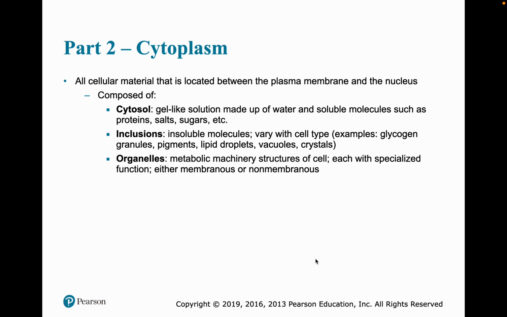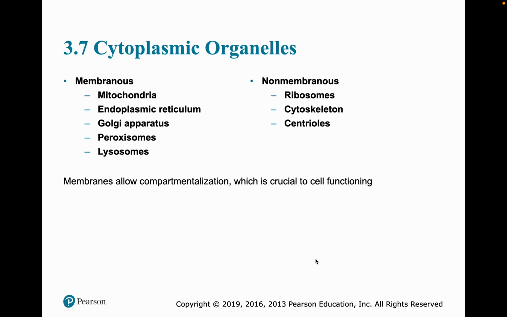Organelles are the metabolic machines that run the cell. Some of them are surrounded by membranes and others do not have membranes. And those organelles are going to be the focus of this. Those that are surrounded by membranes include the mitochondria, the endoplasmic reticulum, the Golgi apparatus, peroxisomes, and lysosomes.